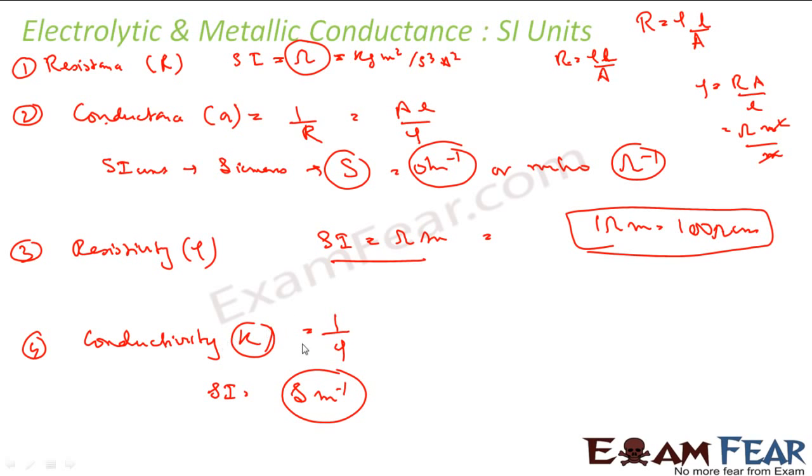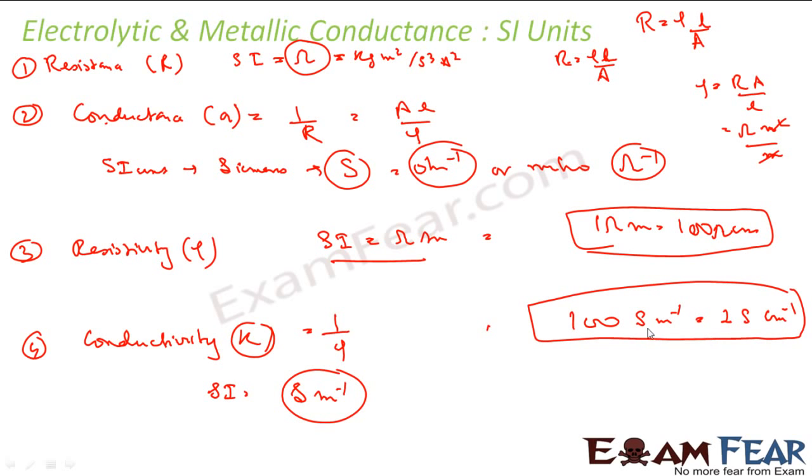So the conductivity of a material is its conductance when it is 1 meter long and its cross section is 1 meter square. Correct? So if you want to see the relation, a bit similar to here, we have 100 Siemens per meter is nothing but 1 Siemens per centimeter. You can do the math and see why it is, right?